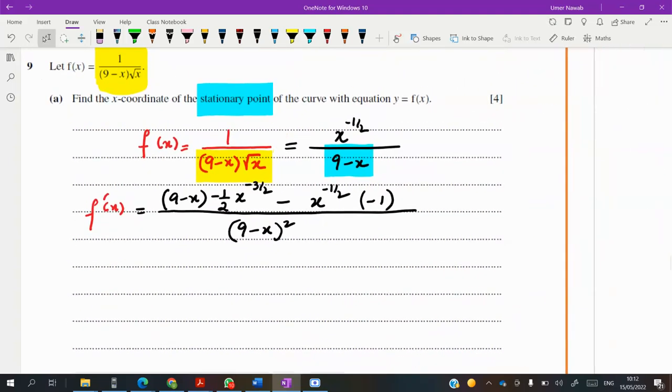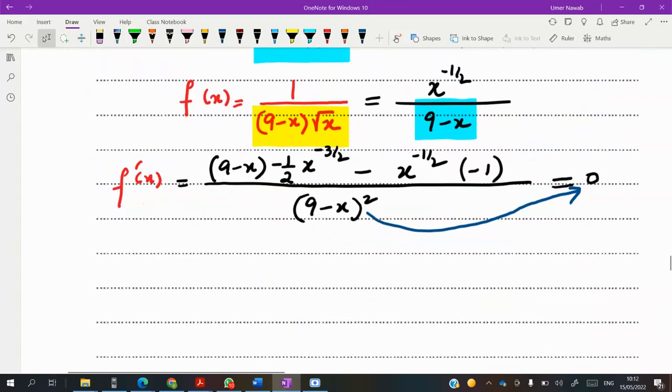As the question said, we are looking for stationary points, so put it equal to 0. When you put it equal to 0, the denominator cross multiplies with 0 and finishes. So what is left in the numerator?